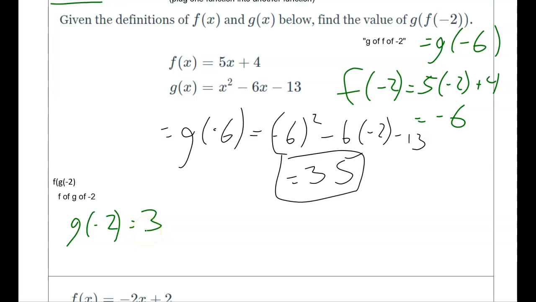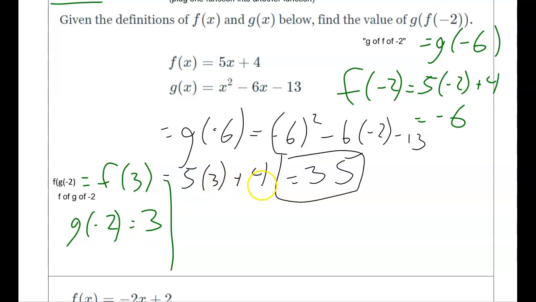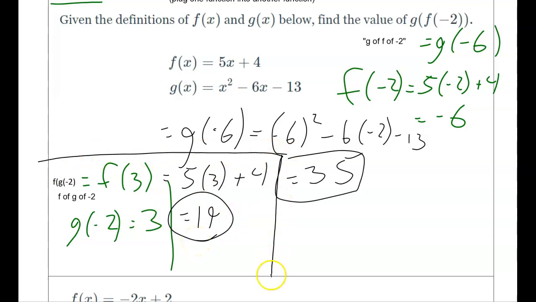So this is going to be equal to f of 3, which is equal to 5 times 3 plus 4, which gives you 19. Okay, so order matters here. f of g of negative 2 is not the same as g of f of negative 2.